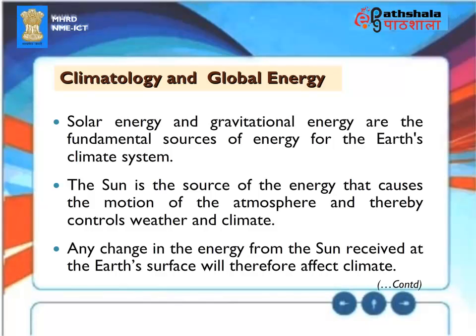Climatology and global energy. Solar energy and gravitational energy are the fundamental sources of energy for the Earth's climate system. The sun is the source of the energy that causes the motion of the atmosphere and thereby controls weather and climate. Any change in the energy from the sun received at the Earth's surface will therefore affect climate.